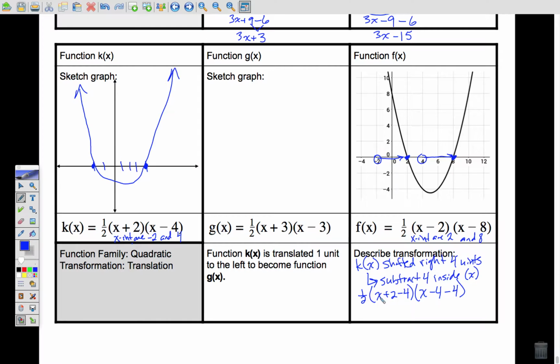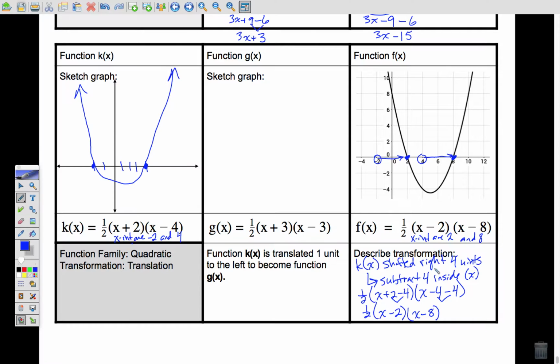Then I can see that we get 1/2. This becomes x minus 2, and then if we simplify, so that was these two, and then if I simplify these two, we get x minus 8. And we can see that that is the equation.